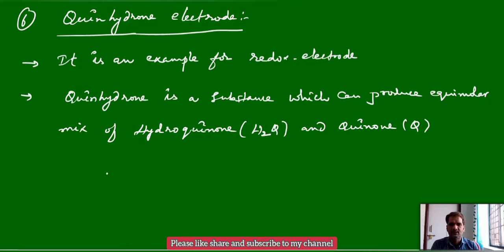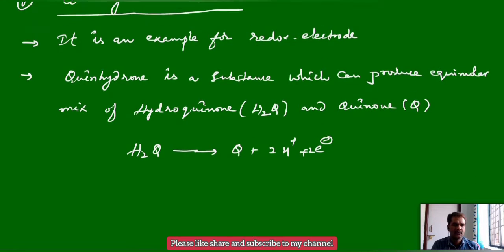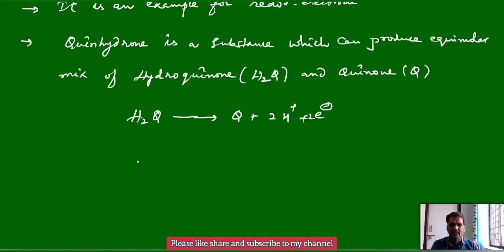The overall reaction of this quinhydrone electrode cell: H2Q can be converted into Q by releasing 2 hydrogens. So when it acts as an anode, this is the cell reaction actually, and here hydroquinone, the structure is like this.